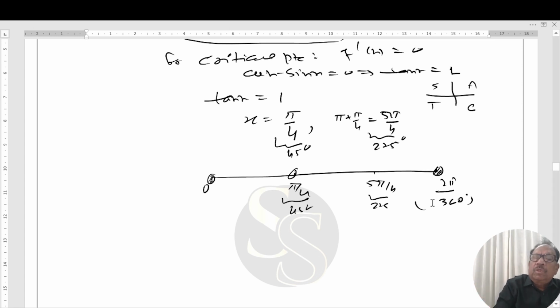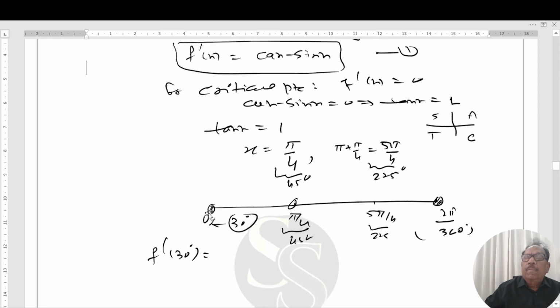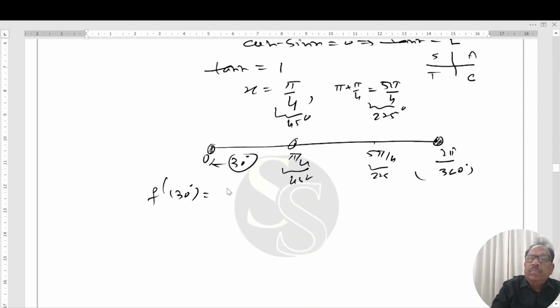Pick up any value in this case, say 30 degree. f dash 30 degree equals cos 30 degree minus sin 30 degree, which is root 3 by 2 minus 1 by 2. That is greater than 0, increasing.